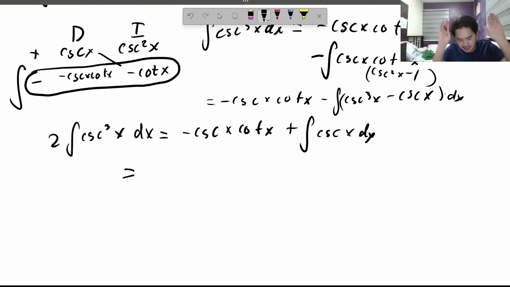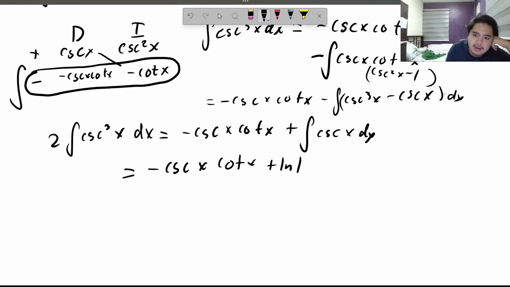I apologize. Now, the integral of cosecant x. What is the integral of cosecant x? It's like secant, but the harder version of secant. Let me just copy this. No dx.